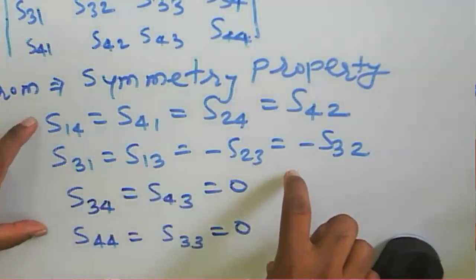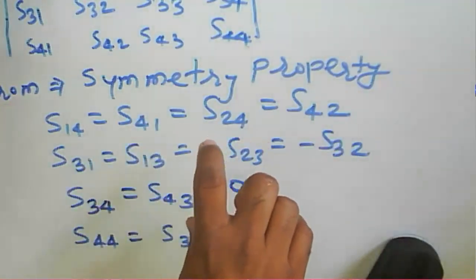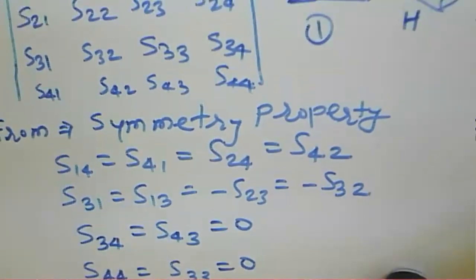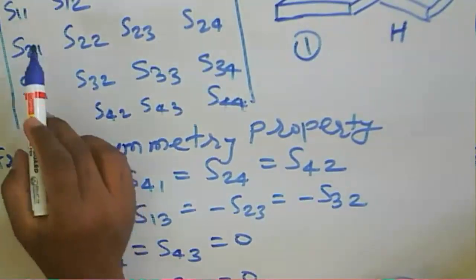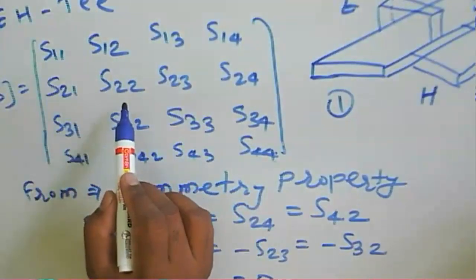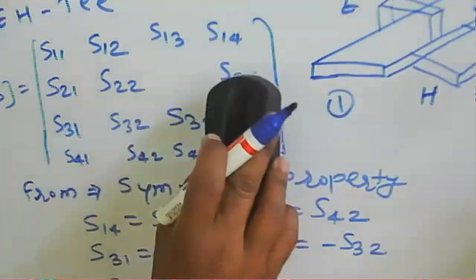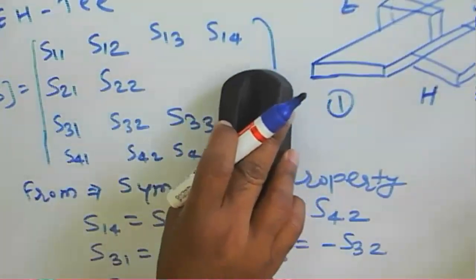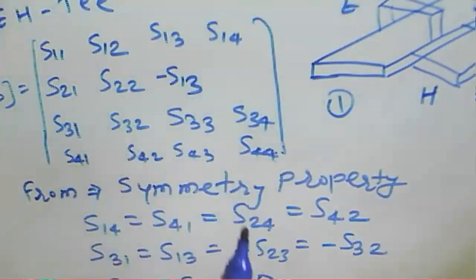So from this, if you put all these parameters in the S matrix here, the matrix will be changed. In all these conditions, the first row will be the same as it is, but the second row will be changed: S21, S22. Then S23 will be changed instead to S13 here.